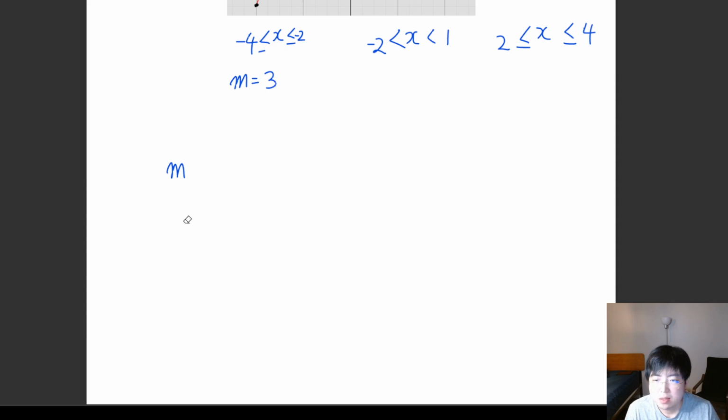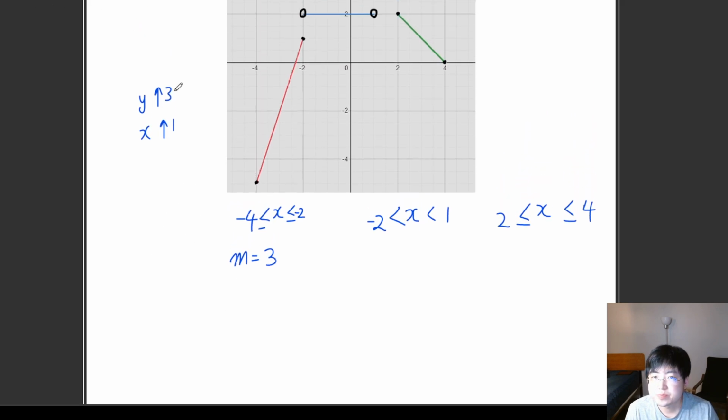Let's go back to there. This line obviously passes through, for example, x is -2, y is, sorry, not 2, y is 1. So this is x is -2, y is 1. That's the end point, but the line still passes through that point, so we can use it.